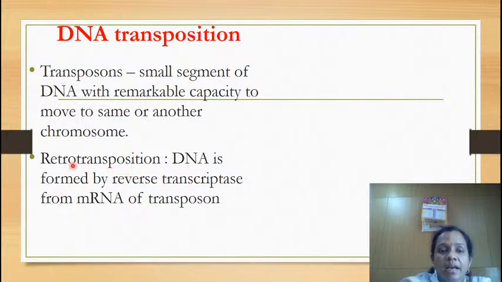Retrotransposition is a phenomenon in which DNA is formed by reverse transcriptase, that is, from the mRNA of the transposon.